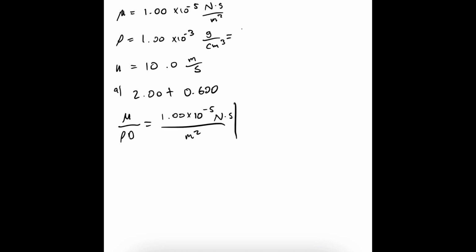Here we go. 1 gram per cm3 into kilograms per meters cubed equals 1.00 kilogram per meters cubed. Okay, back down here.